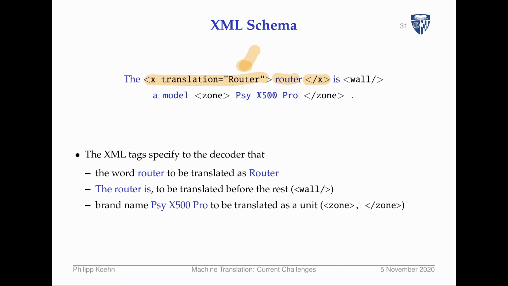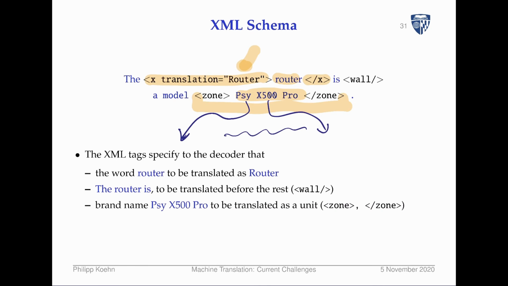Or here you have other things where you say this here is a brand name which has to be translated in one piece. That's what is meant by this zone here. They can't move around. They have to stick together. You can't just produce a translation where one part goes to the beginning of a sentence and another goes to the end of the sentence, and other words are in the middle.